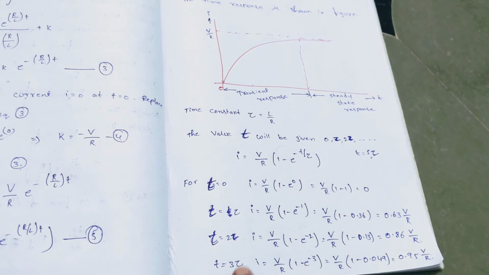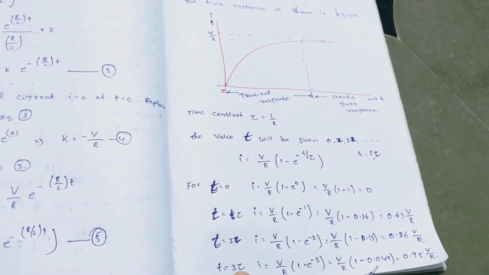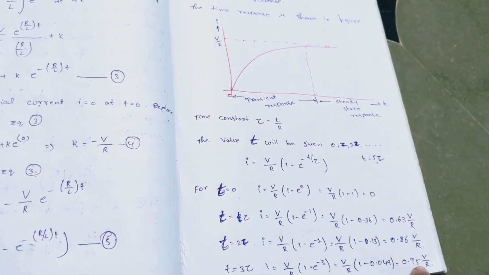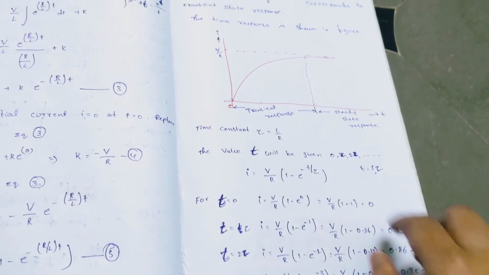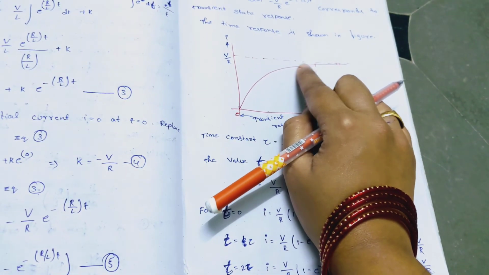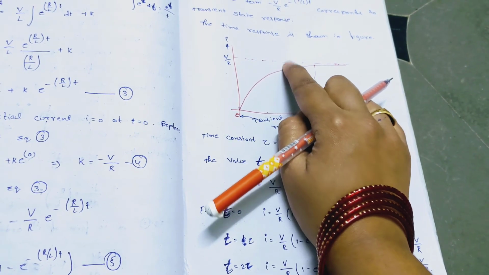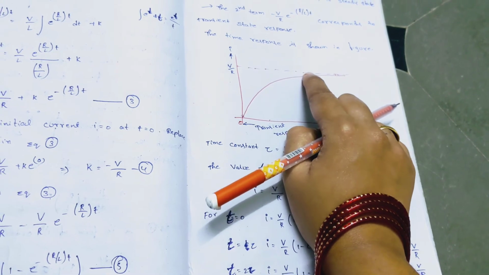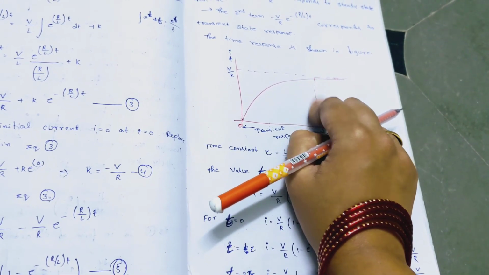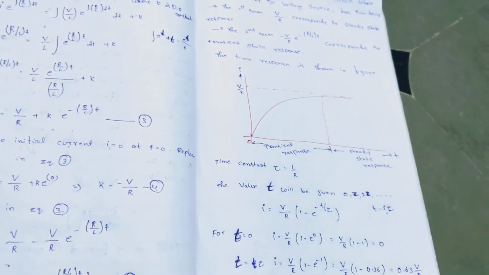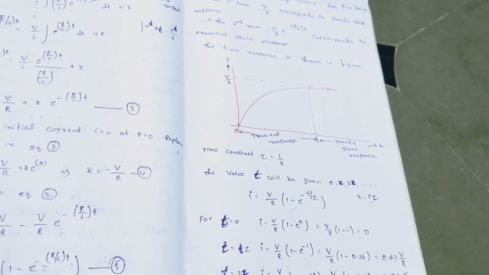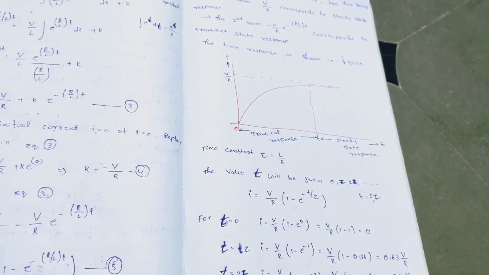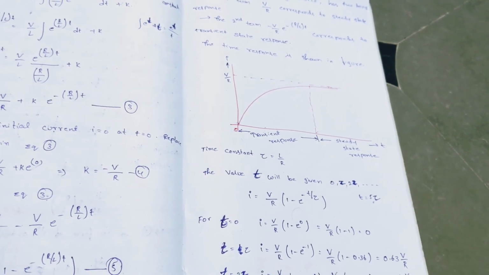Likewise, at t equals 3 tau, it is almost 0.95 of V by R, that means 95% of the final value. When you go to 5 tau, it is not exactly equal to V by R, but almost equal to V by R.